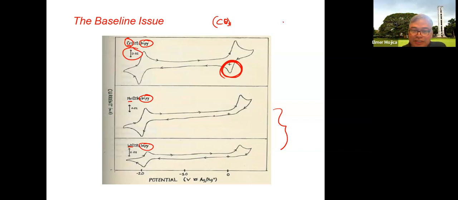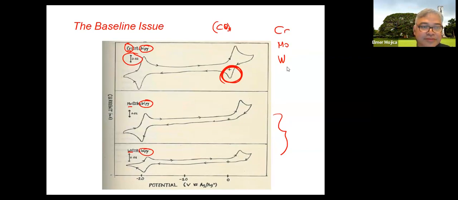If you're going to look at the periodic table, chromium, molybdenum, tungsten. Sige nga, tingnan natin yung periodic table. Trying to open a periodic table so I can see the difference of them.